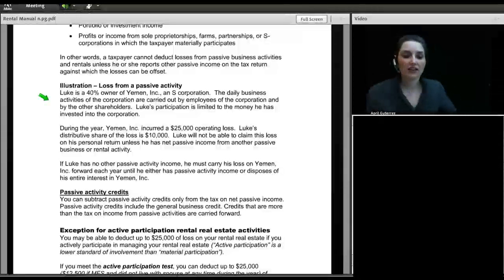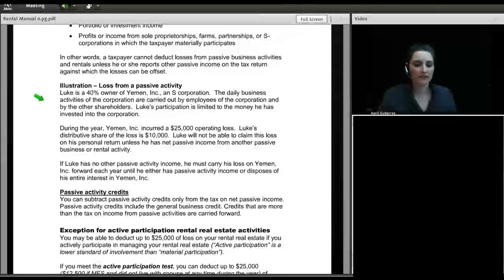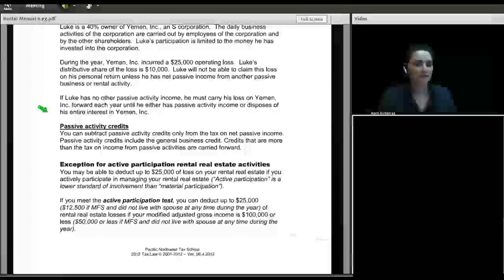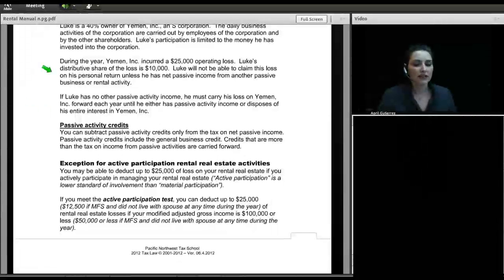So let's take a look at an illustration. We have a loss from a passive activity. Luke is a 40% owner in Yemen Inc., an S corporation. The daily business activities of the corporation are carried out by employees of the corporation and by other shareholders. Luke's participation is limited to the money he has invested in the corporation. During the year, Yemen Inc. incurred a $25,000 operating loss.